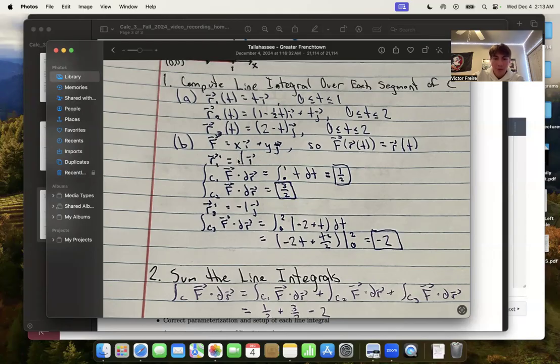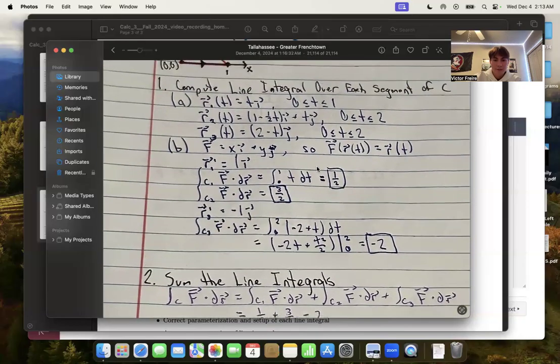If we do F dot r prime for line segment 1, we get t times 1, which is just t, integrated from 0 to 1. So from 0 to 1, the integral of t dt, which is t squared over 2. Plug in 1, it's just 1/2.